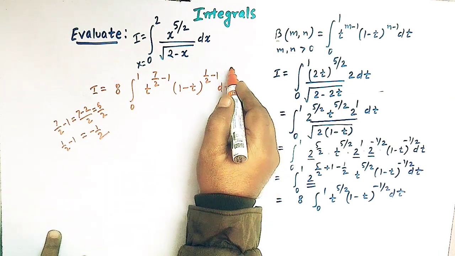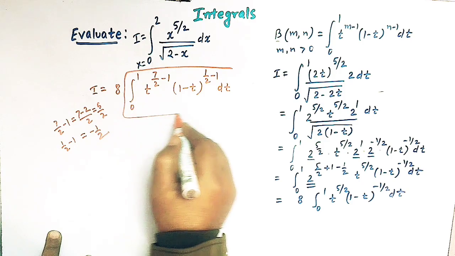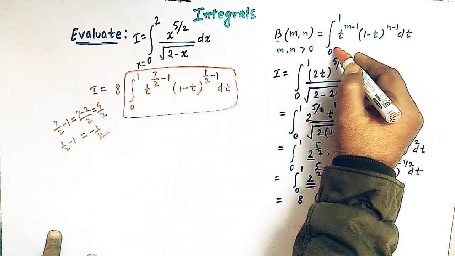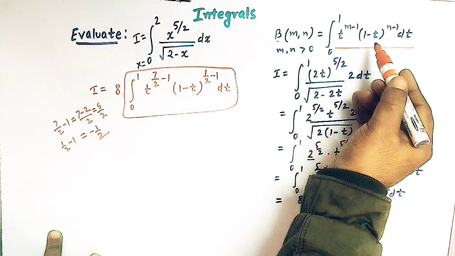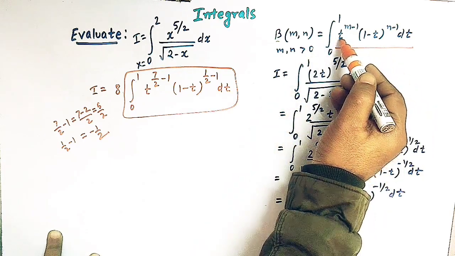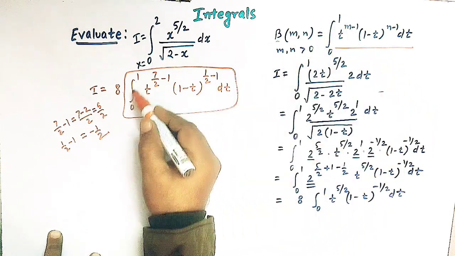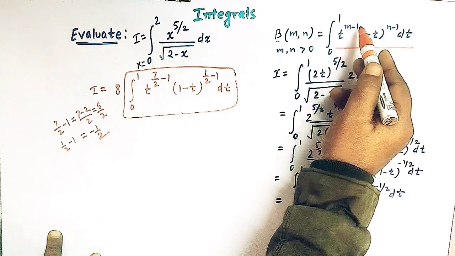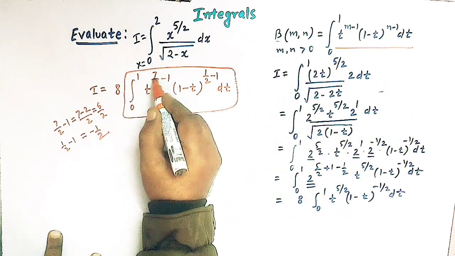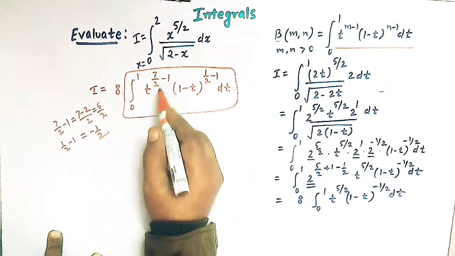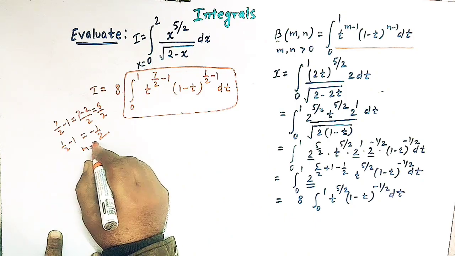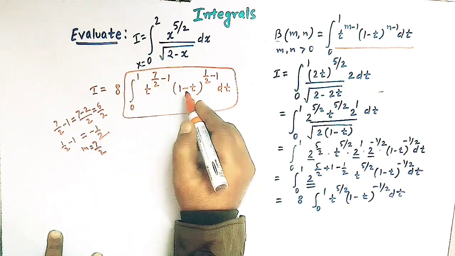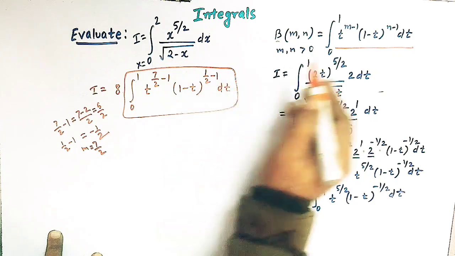So now we can see that this integral is similar to this one, right? And if we compare this integral with this one, then here we have 0 to 1, 0 to 1, and t raised to m minus 1. So here we have t raised to 7 over 2 minus 1. So comparing, m is equal to 7 over 2, and here we have 1 minus t raised to half minus 1.